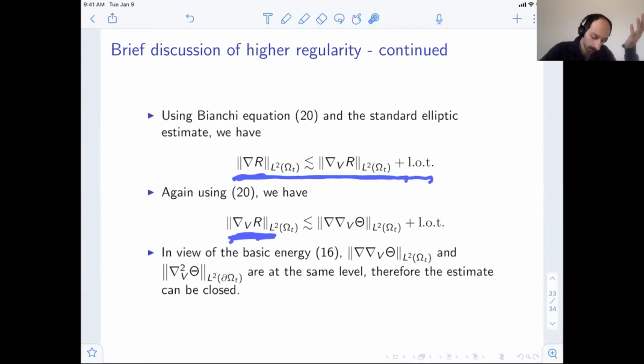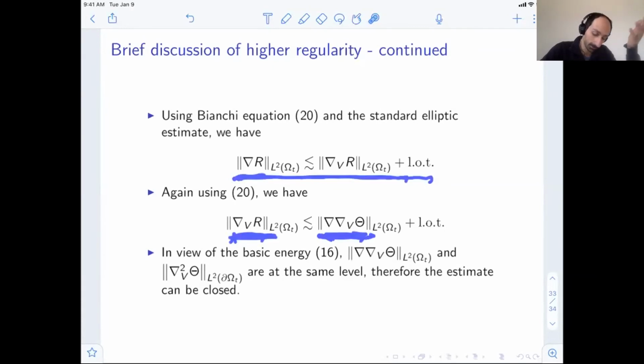So I have to commute a dv with the curvature equation, and one checks that the main term on the right hand side is again of the order of one derivative of the dv of the fluid velocity, which is part of my second order energy for theta. So in other words, this whole thing closes, right?